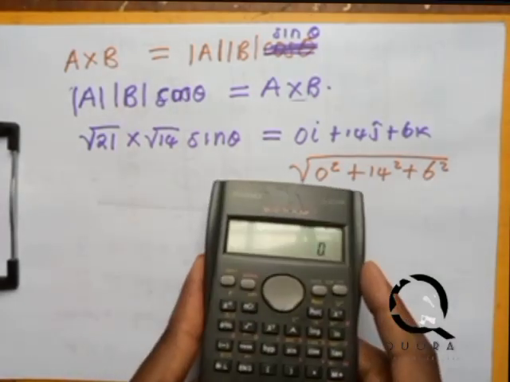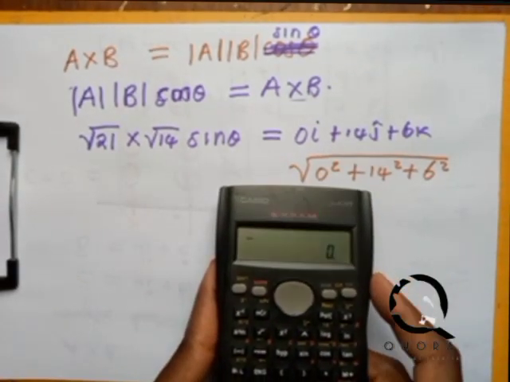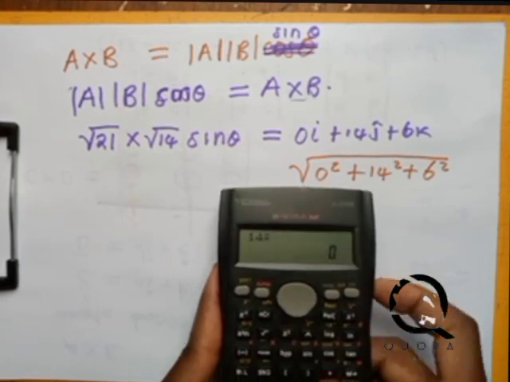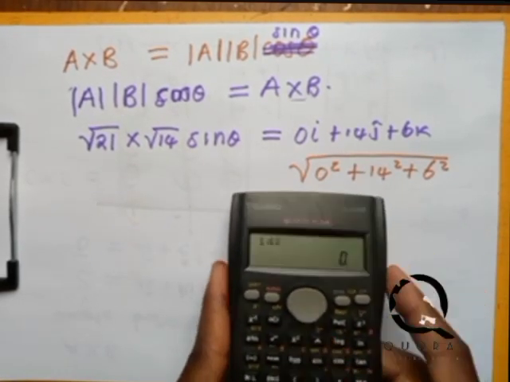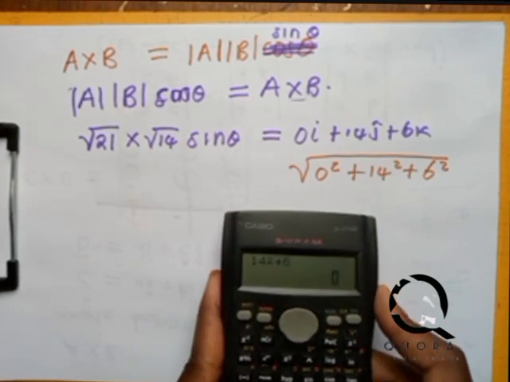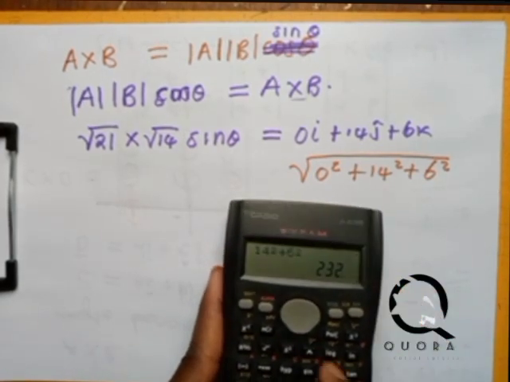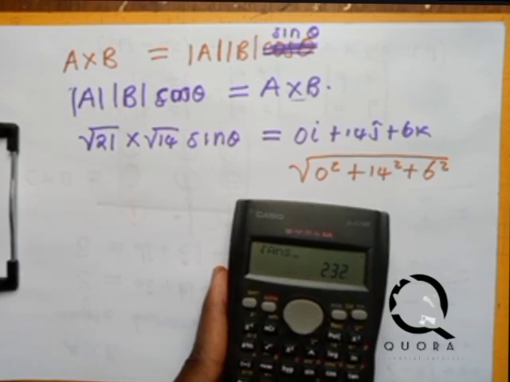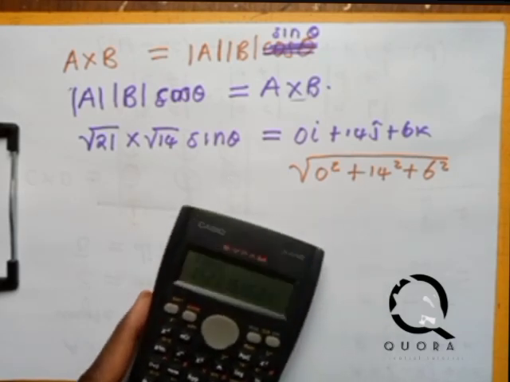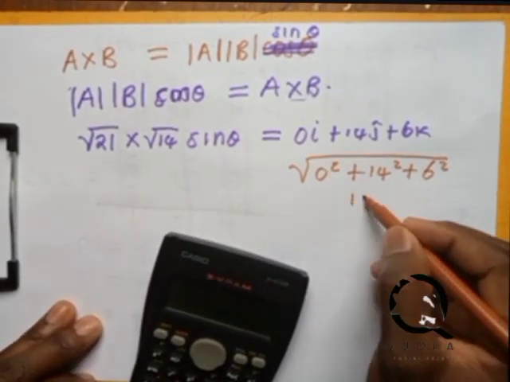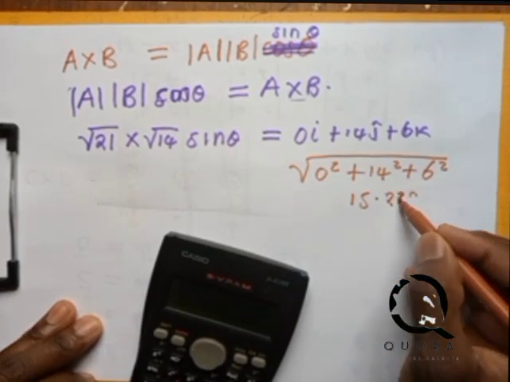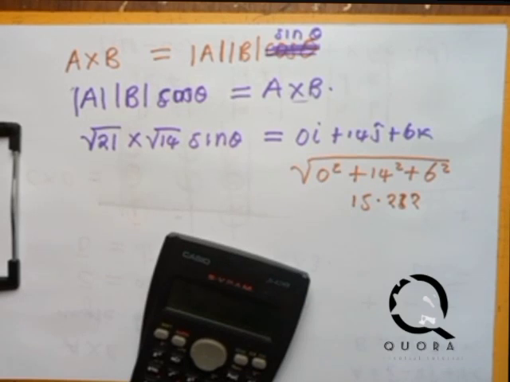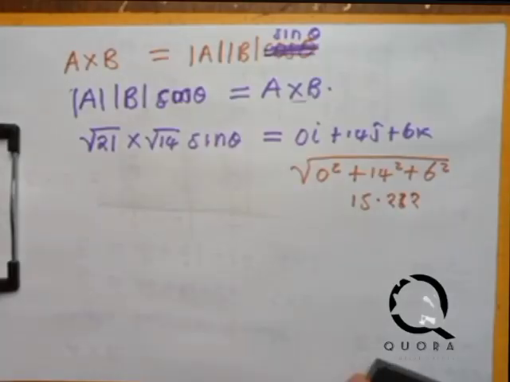Calculator. 14 square. If you put 0 we are still going to get 0. That's why I just go direct into punching 14 and say root of the answer. So here we are getting 232.